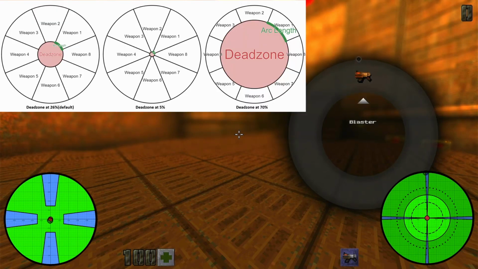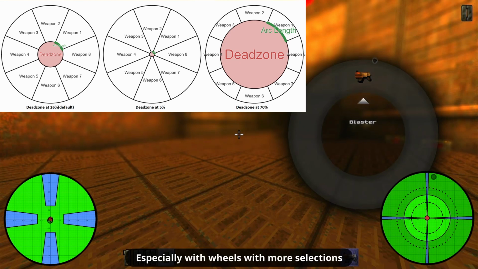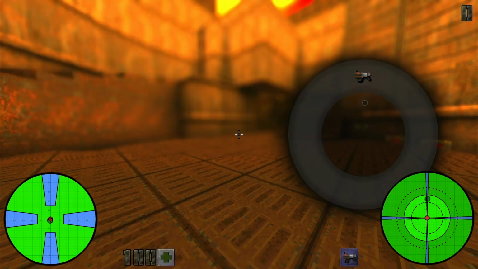So when you're moving the stick fully, you have about this range to select the blaster. But when you're right around the dead zone, that same angle only has a very slight range. So it's much easier to bleed into adjacent weapons with that smaller dead zone. So having this standardized across all right stick dead zones is a great fix.